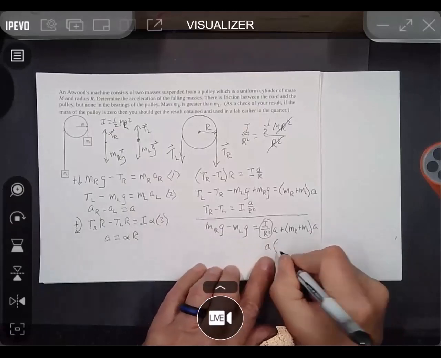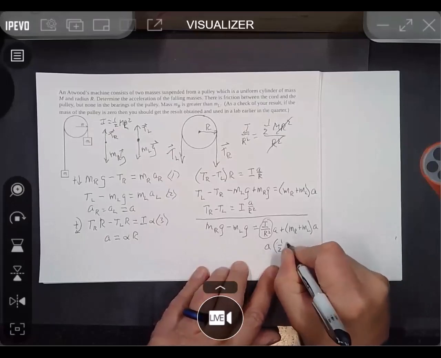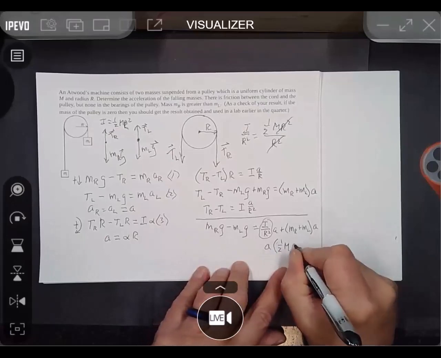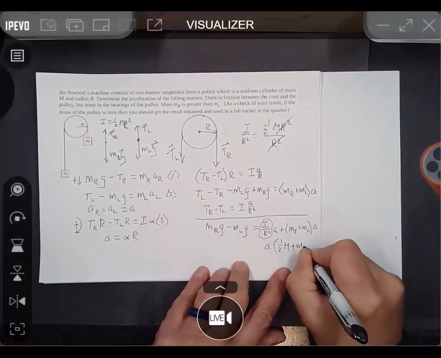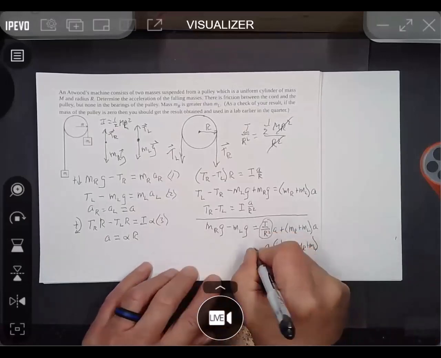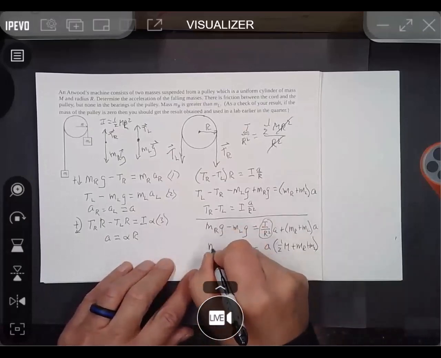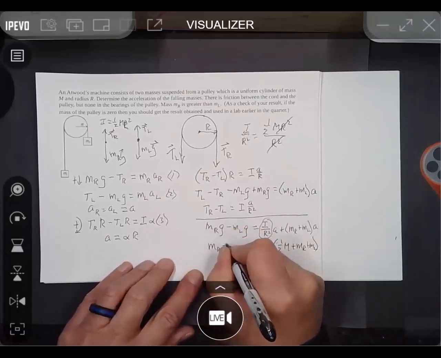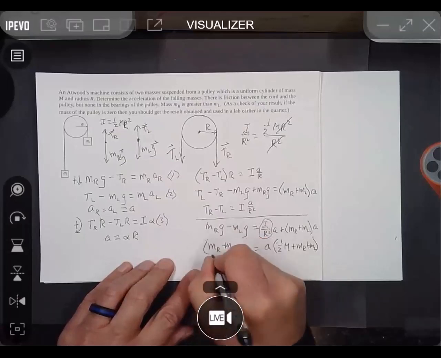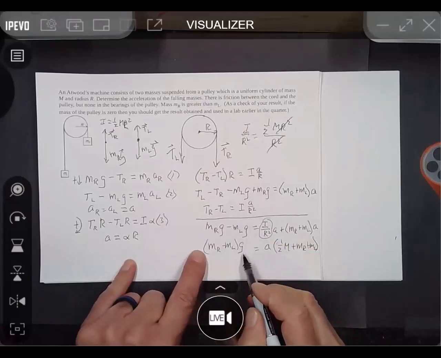And if I factor this, I've got A's in both terms on the right side. I'll have 1/2 of the total mass of that thing plus M sub R plus M sub L. And that will equal, here I'm going to factor the G out of this, M sub R minus M sub L times G. This is actually the difference in weights.